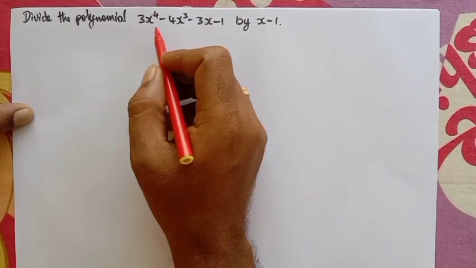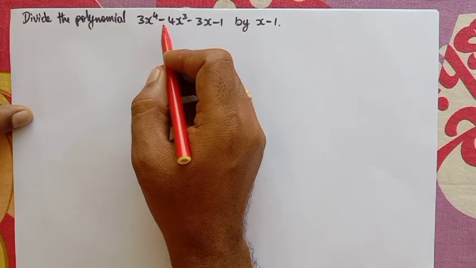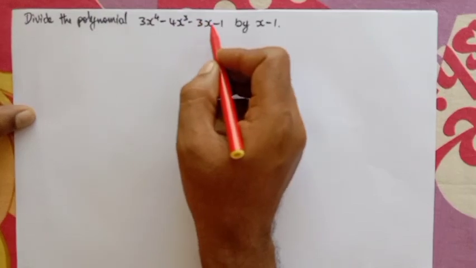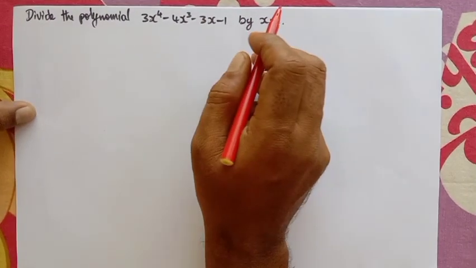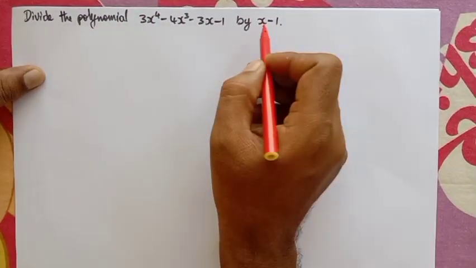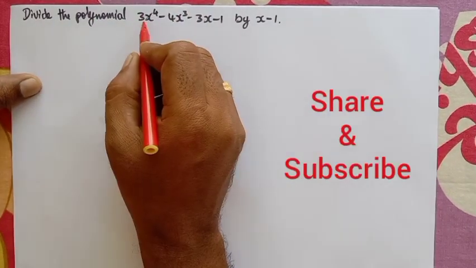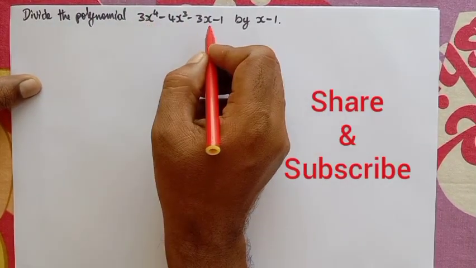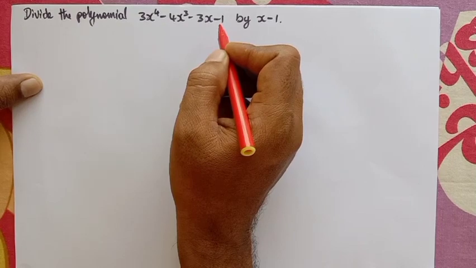Divide the polynomial 3x to the power 4 minus 4x cube minus 3x minus 1 by x minus 1. Let us begin with writing this polynomial in standard form.